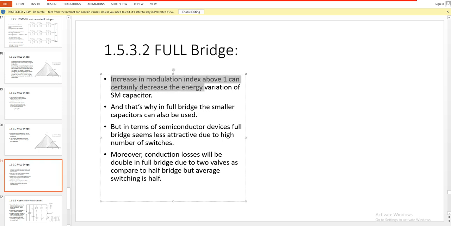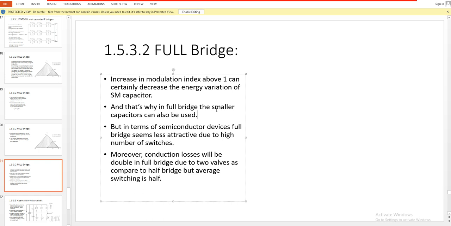Increasing the modulation index above 1 can certainly decrease the energy variation of the submodule capacitor. That means the energy variation of the submodule capacitor will definitely decrease, and that's why in the full bridge submodule you can use a smaller capacitor.